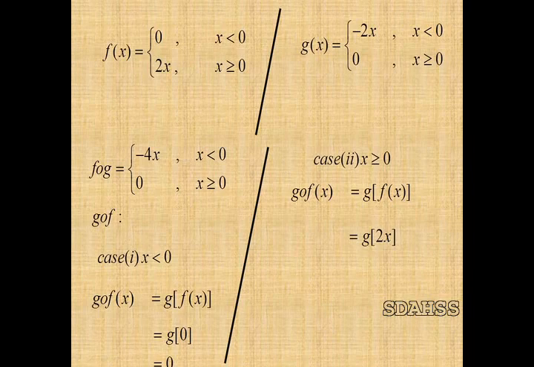Now put the function here, x greater than or equal to 0, so its function is 0. So this can be written as, the first case x less than 0 means g dot f is 0, and in the second case x greater than or equal to 0 means its function is 0.